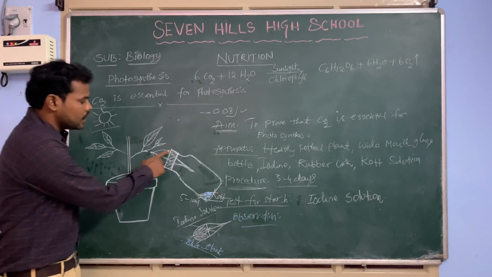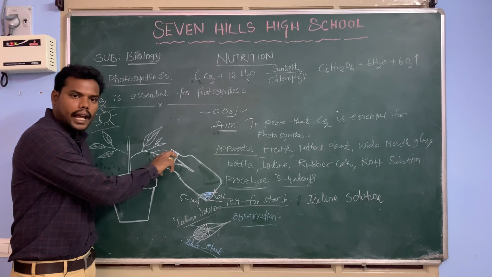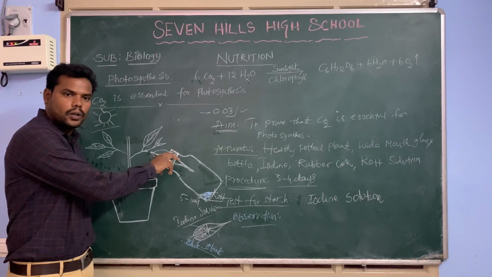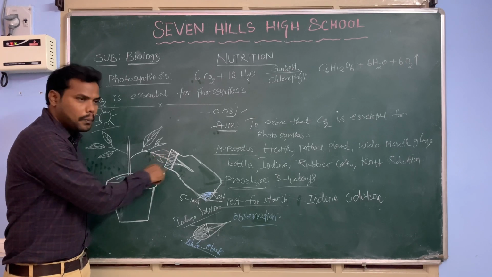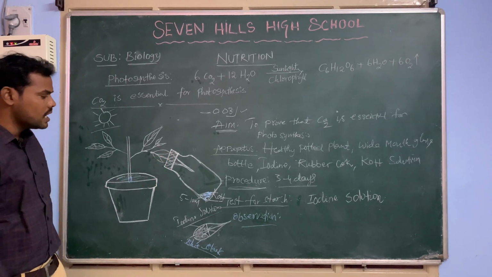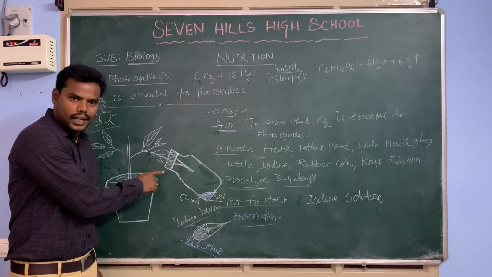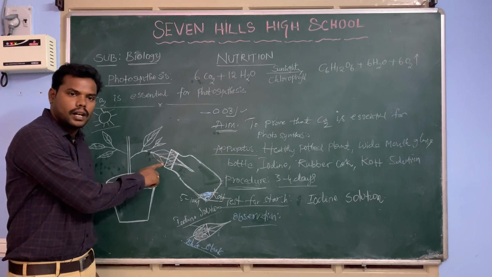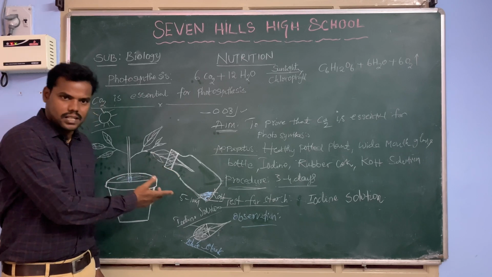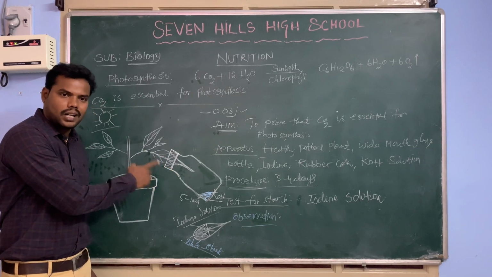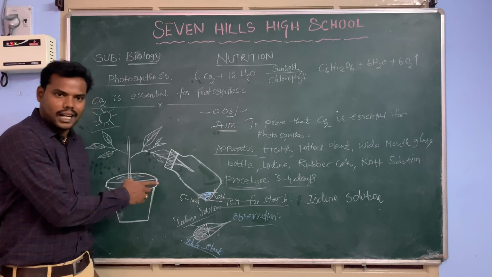At the same time, the bottle must be airtight. That's why we close the bottle with a rubber cork and apply Vaseline or grease at the mouth of the bottle. Why? Because if gases enter, there will be a change in the result, so we must cut off the entry of carbon dioxide.